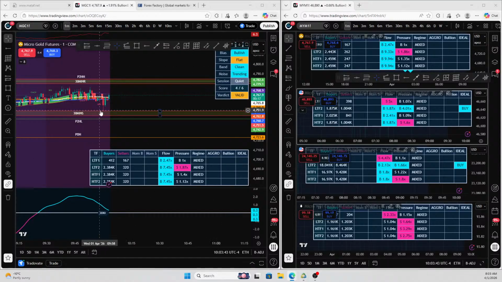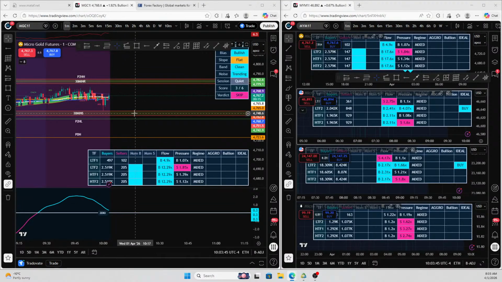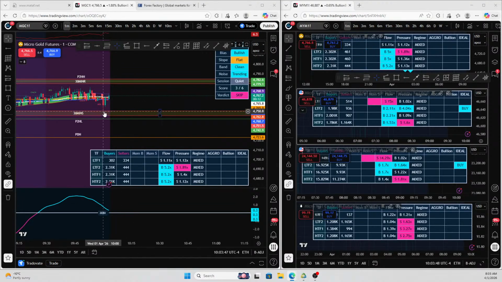Yes, mainly the market is just gonna potentially, it's bouncing off the support and it's gonna push towards the resistance.